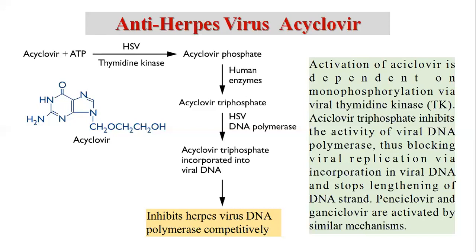So here you can see that they are actually stopping lengthening, or elongation, of the DNA strands. Penciclovir and ganciclovir are derivatives, similar kinds of drugs like acyclovir, and they maintain a similar mode of action.